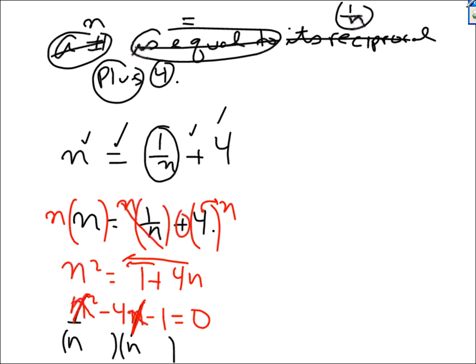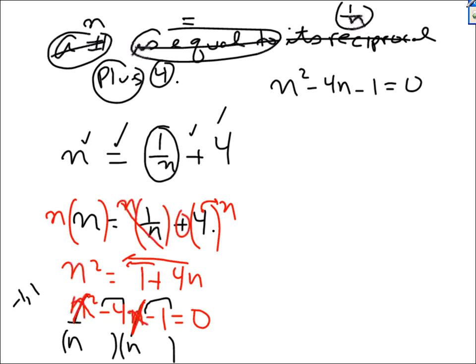What matters is I want two numbers that multiply out to that constant, negative 1, and add up to negative 4. And the only pair of numbers that I can think of that multiply out to negative 1 are negative 1 and 1. That means I have to use some other technique, like the quadratic formula.